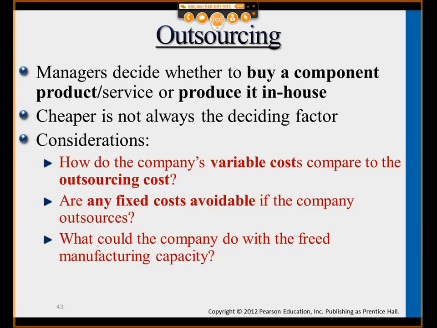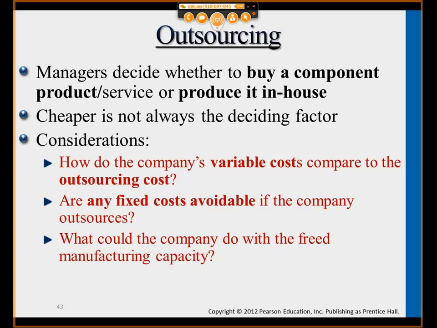Because what managers are trying to do is to make a decision where they're going to buy a component or service, or they're going to produce it in-house. So would only a price, or would only a cost for, let's say, labor an hour for a service be the only thing that we will consider if it's cheaper for us to outsource?